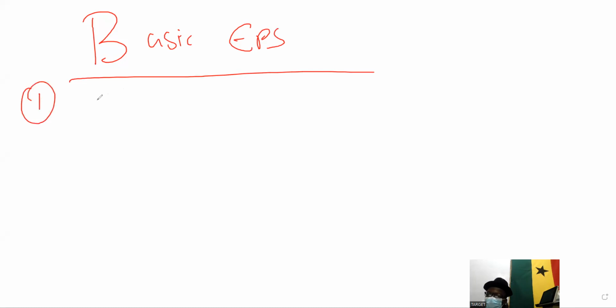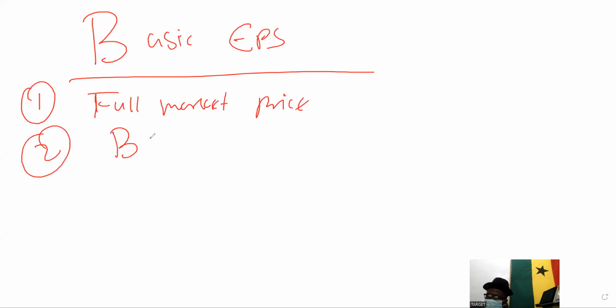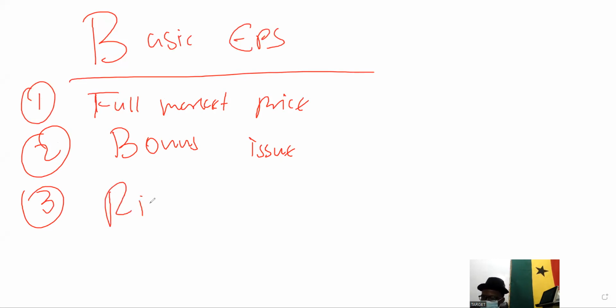Number one is issue of shares at full market price. The next one is the bonus issue. The last one we are going to look out for under the basic earnings per share is what you call right issue.